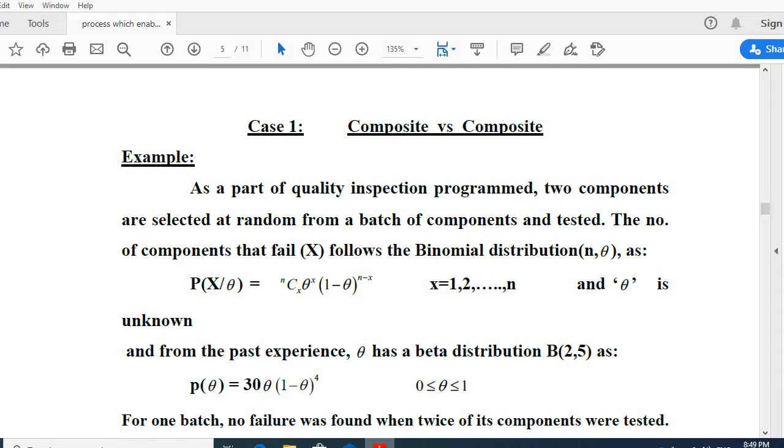The number of components that fail follows a binomial distribution as P(x given theta) is equal to nCx theta raised to power x, (1 minus theta) raised to power n minus x. Theta is unknown, and from past experience theta has a beta distribution with parameters 2 and 5, as p(theta) is equal to 30 into theta into (1 minus theta) raised to the power 4.